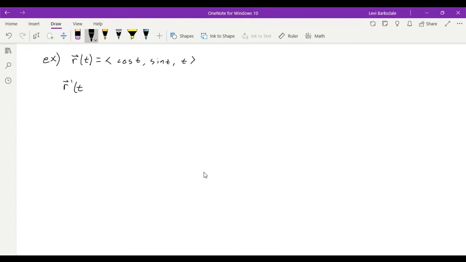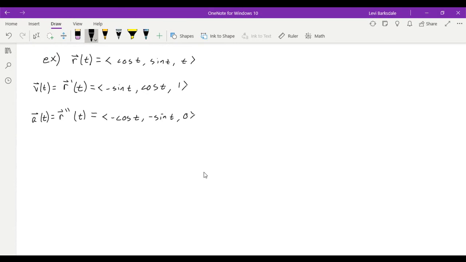So the velocity would be equal to negative sine of t, cosine of t, 1. The acceleration would be the second derivative of position, or the derivative of velocity. I'll just label these. This would be negative cosine of t, negative sine of t, 0.